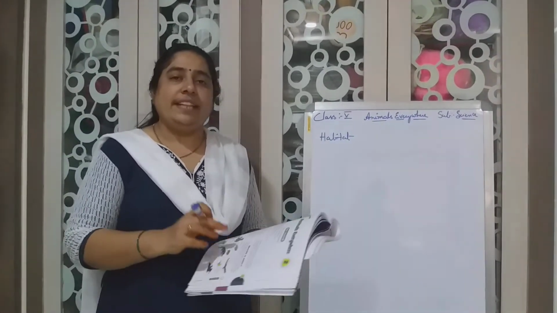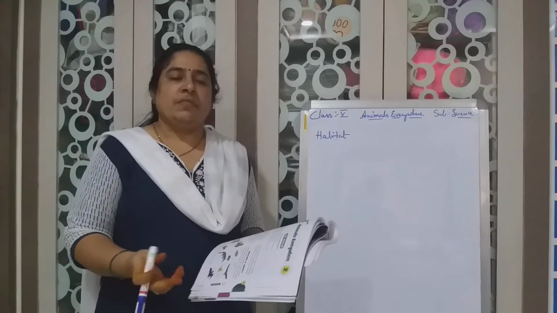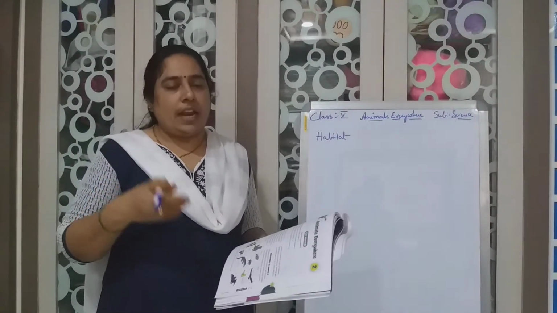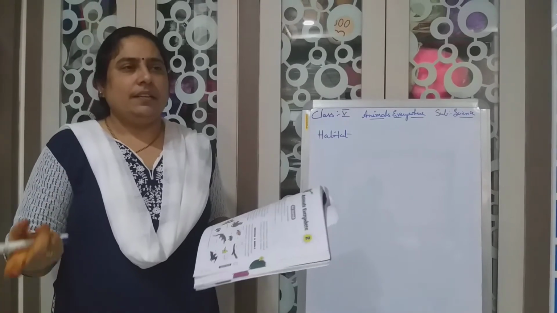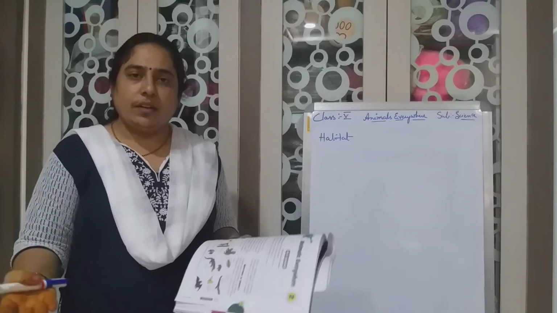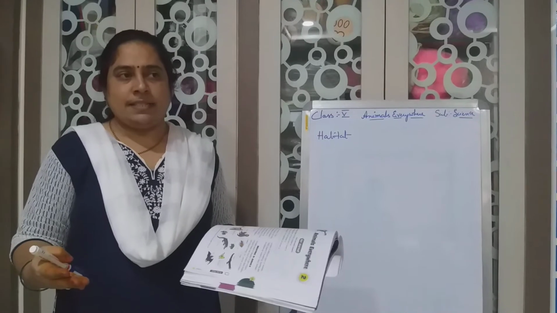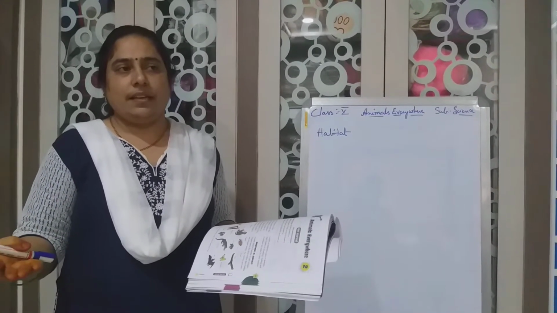Breathing in animals. Some animals breathe through lungs. I think in previous classes you have learned a little bit about how animals breathe. Fish breathe through gills, that is water animals. Example, fish, whale.